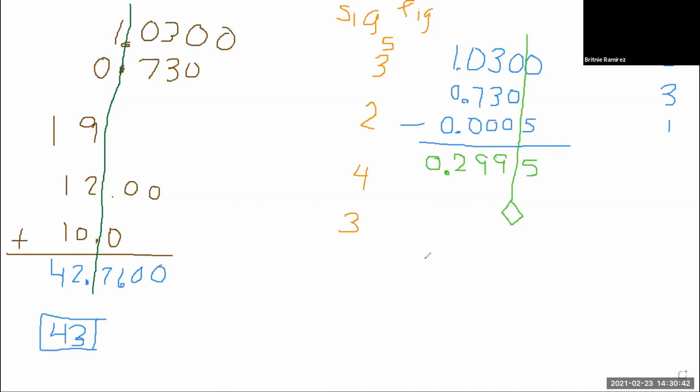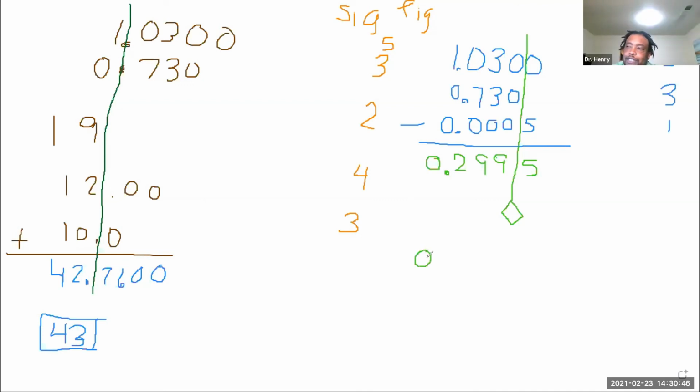Round up. Okay, we'll put 2 options. Somebody says it would be 0.300, or would it be 0.299?